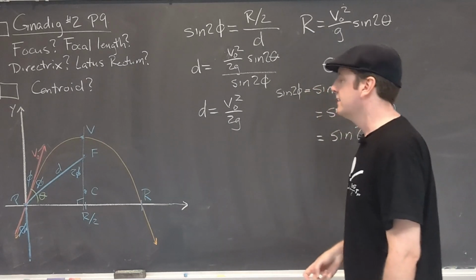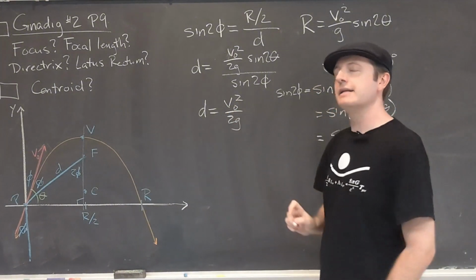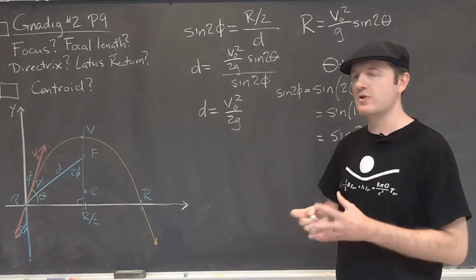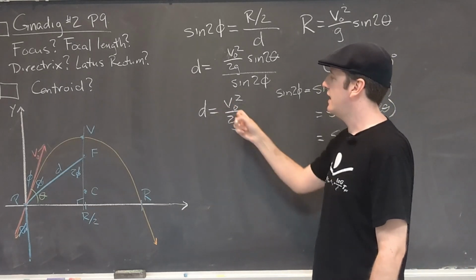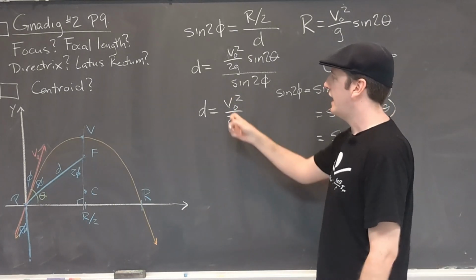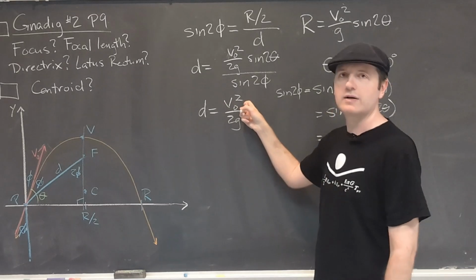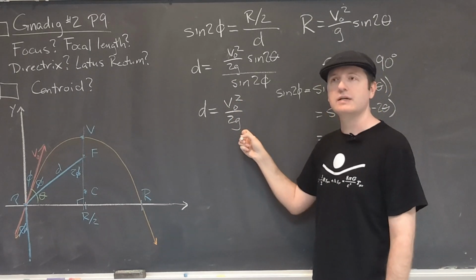While we're at it, you might notice that this kind of looks suspiciously like some sort of kinematical quantity. For example, if I multiply top and bottom by m, say the mass of this projectile, I would have 1/2 mv naught squared, divided by mg.